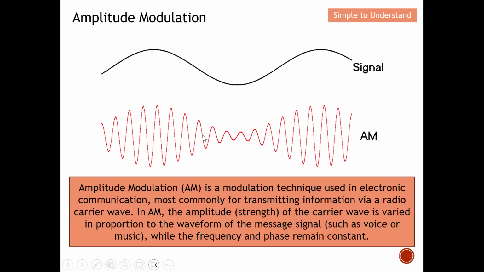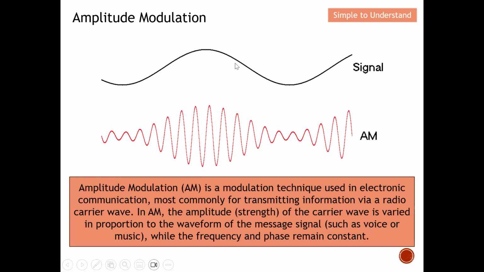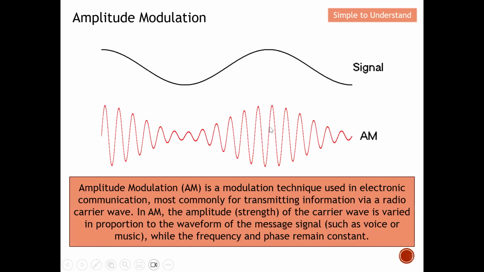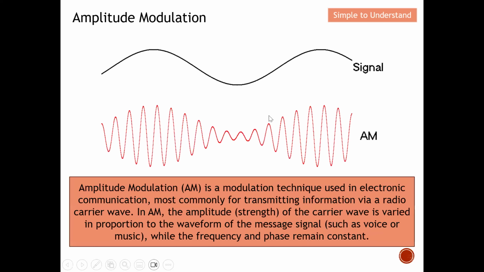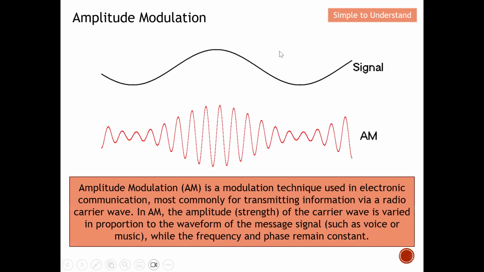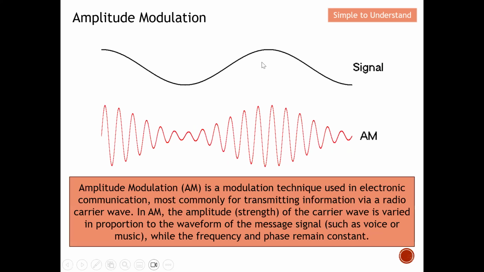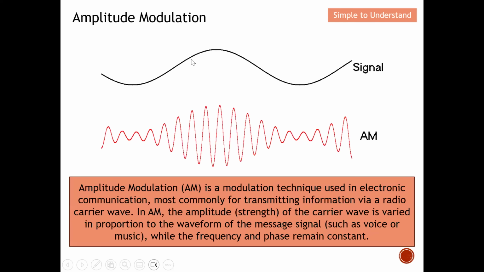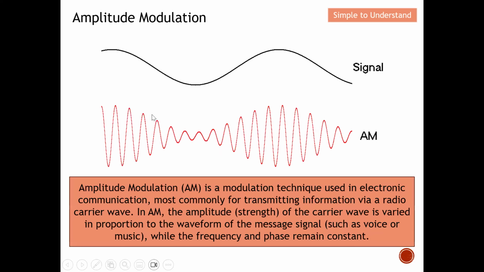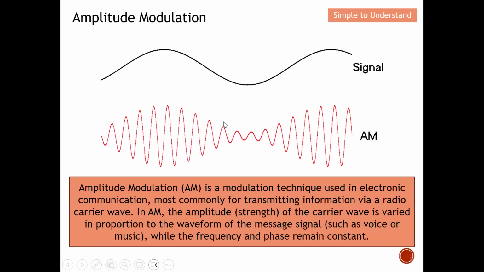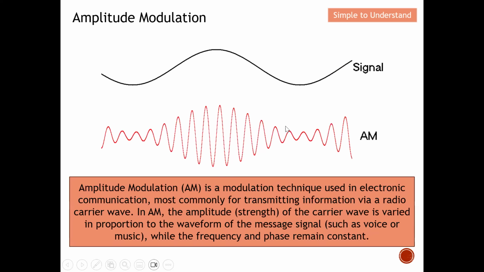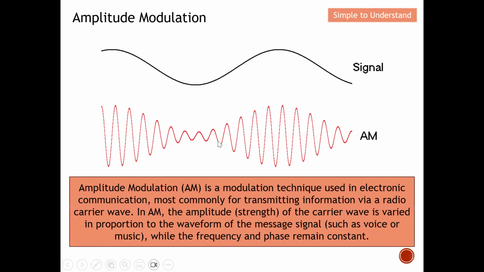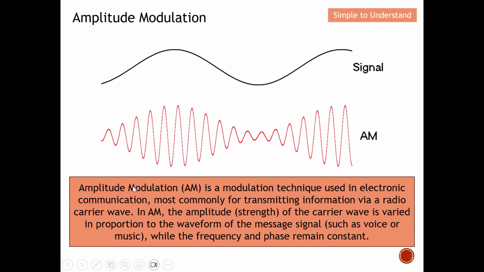When you compare these two waveforms, you can see that the modulated signal has a higher frequency as compared to the modulating signal. Next, I want to explain this. You can see that the original signal appears at the amplitude of the modulated signal. So this is what it means by amplitude modulation, as explained over here.